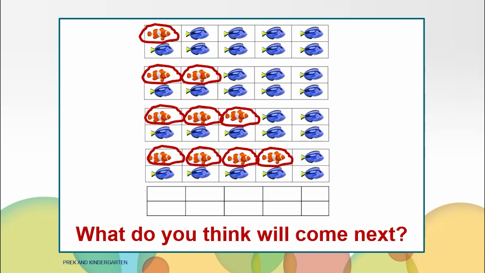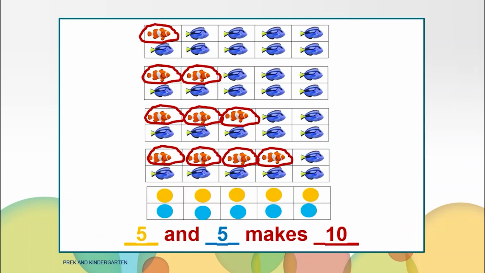Looking at the pattern, what do you think will come next? Right, the next number sentence would be 5 orange fish and 5 blue fish makes 10 fish in the fish pond. I used colored circles instead of fish because it's easier to draw those when I have you solve the problem.